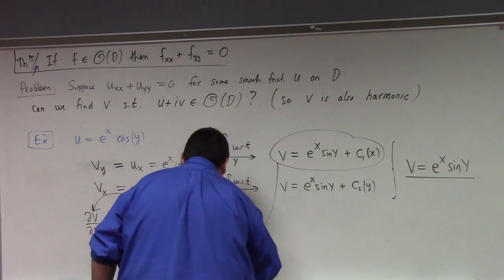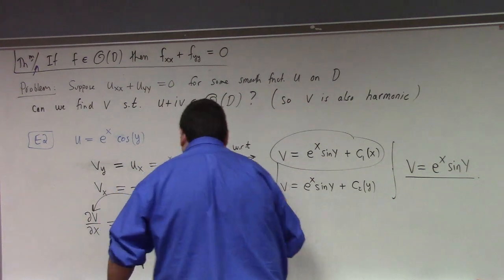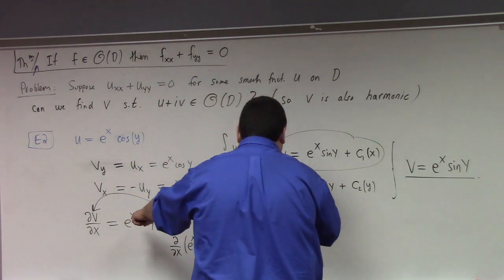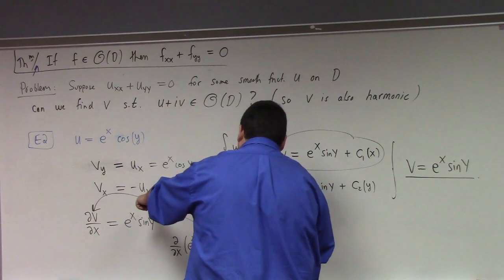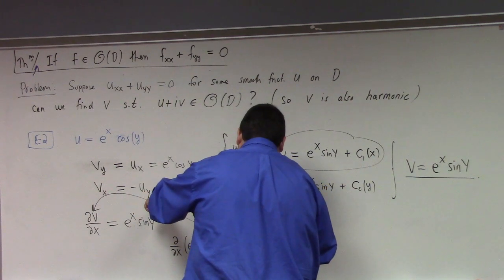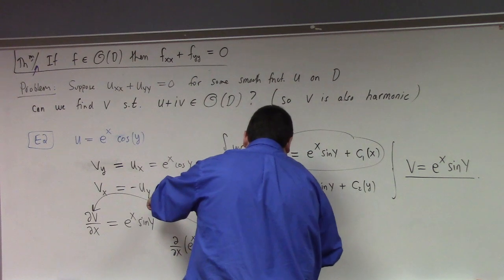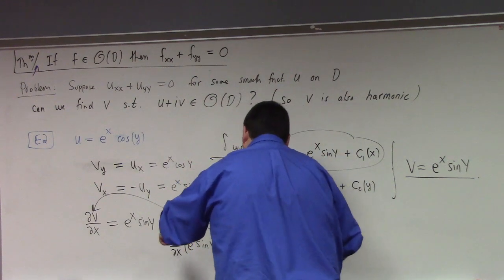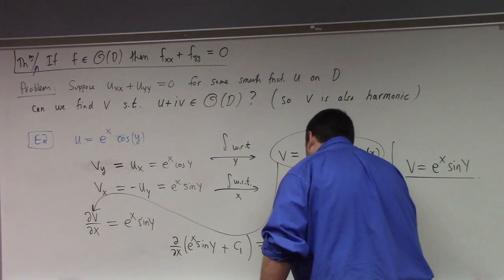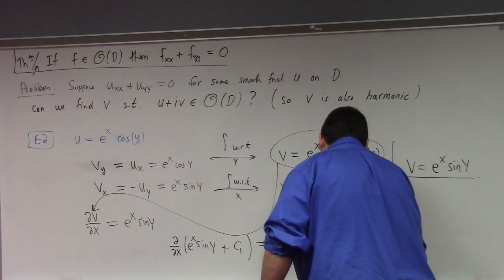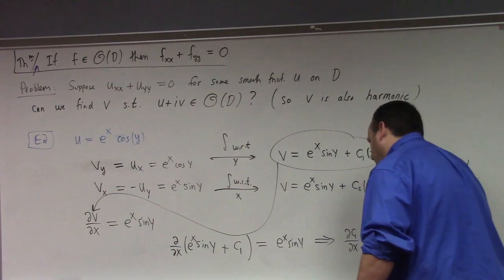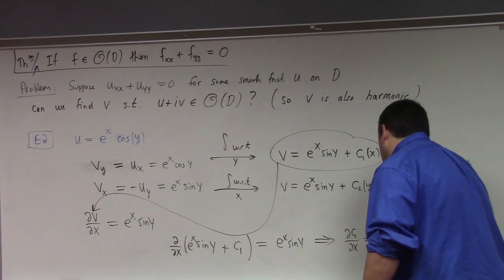Okay, so c1 is equal to e to the x sine y, which then tells me that partial c1 partial x is equal to what? 0.